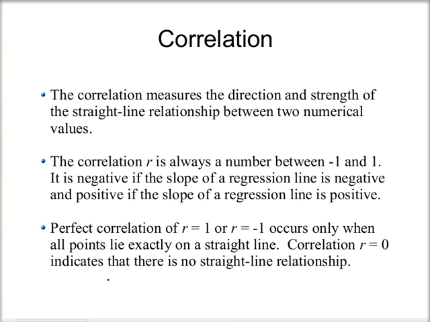So let me draw a little picture down here. Correlation values go between -1 and +1. At 0, there is no correlation, there's none. And then as you go out towards either +1 or -1, correlation gets stronger.